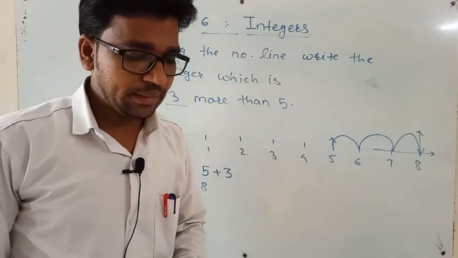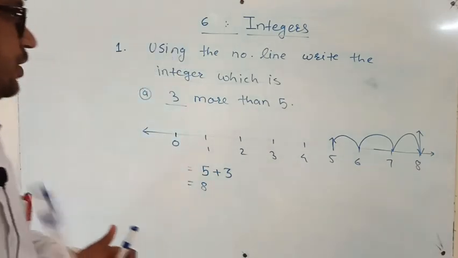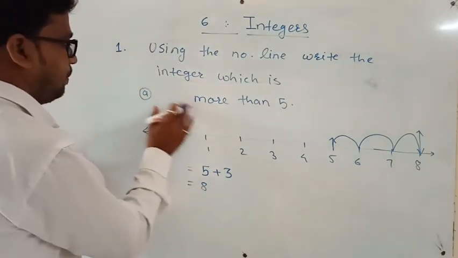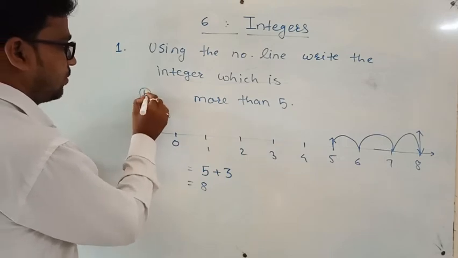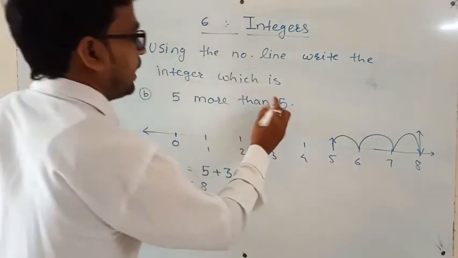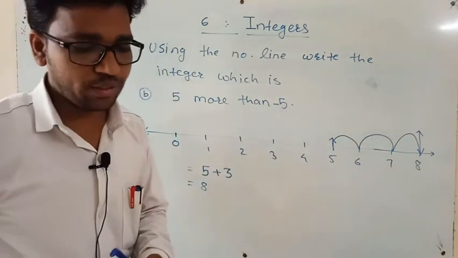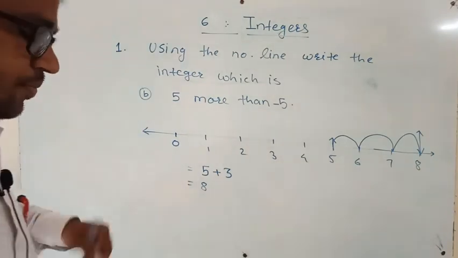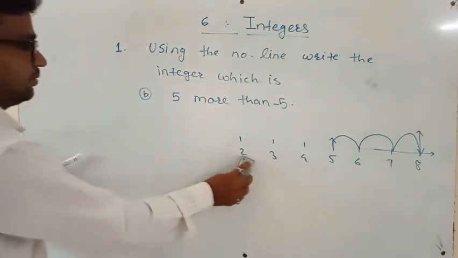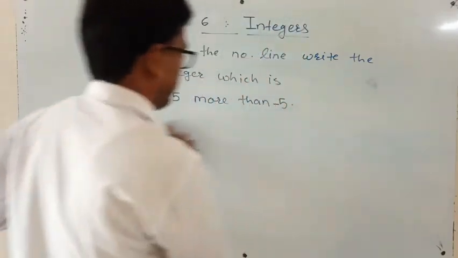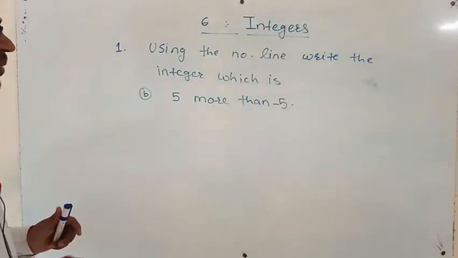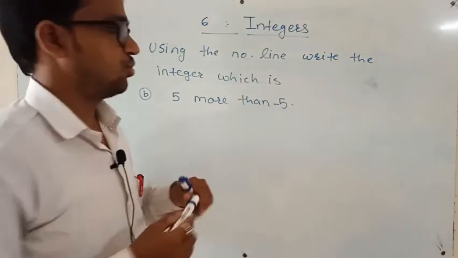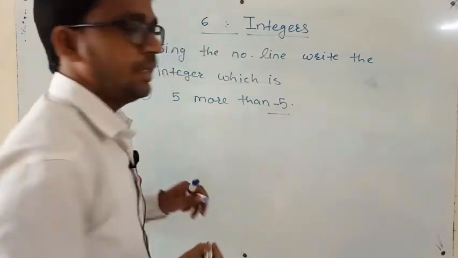Okay, then second is B, 5 more than negative 5. Now I draw a different number line here. 5 more than negative 5. So which number do we want? Negative 5.